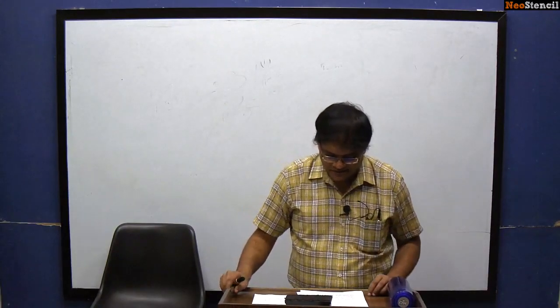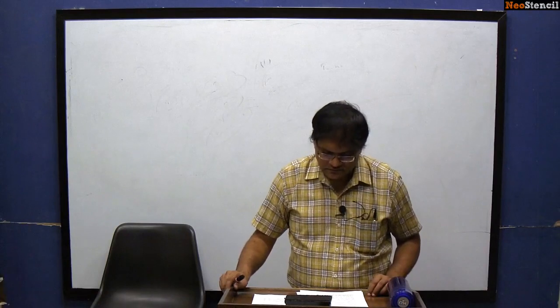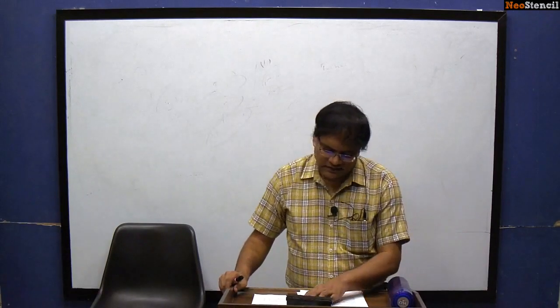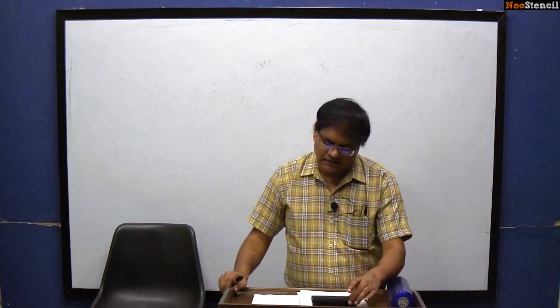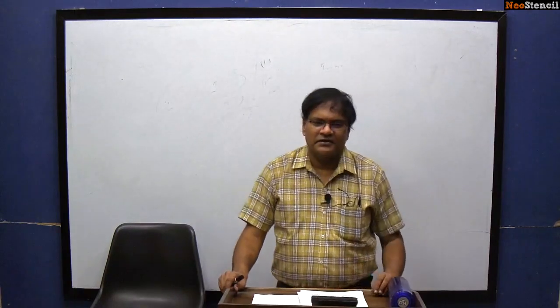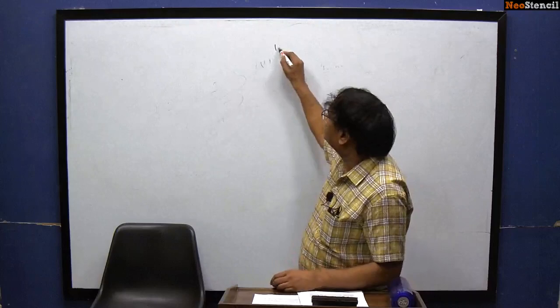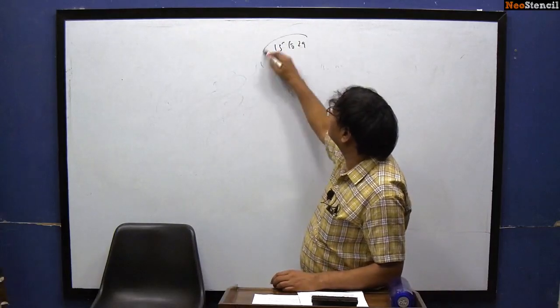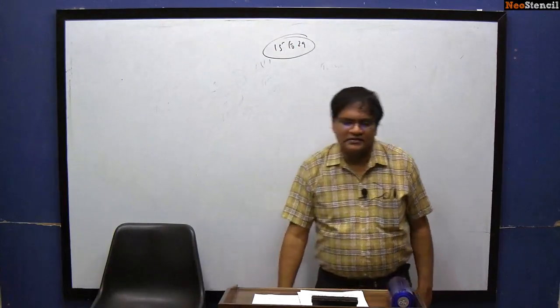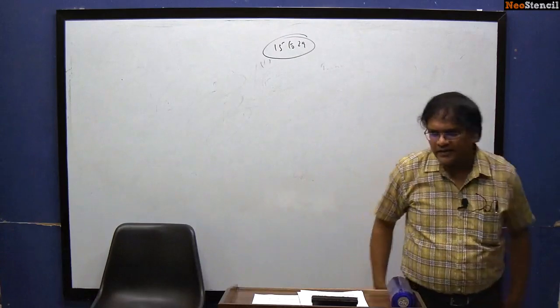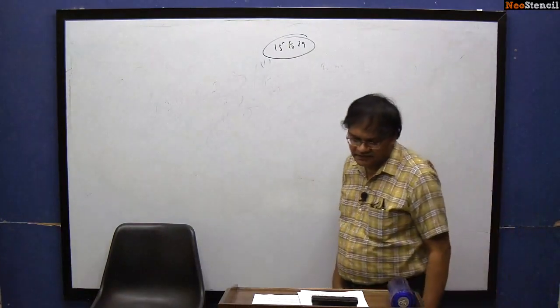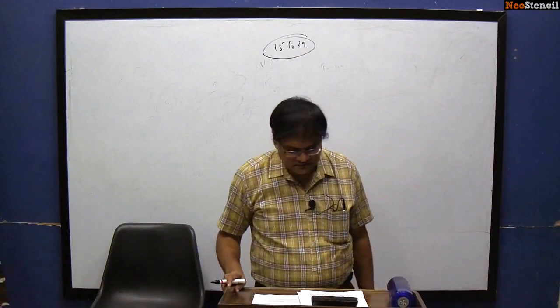It is 6.1%. And more than that, the details are more important. A maximum number of people are unemployed in the age group of 15 to 29.